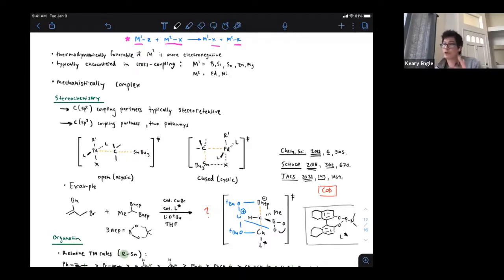And now there are a growing number of metal ligand combinations that enable these to act as cross-coupling partners. Thus, people have been able to interrogate systematically what are the stereochemical outcomes when you go with an enantioenriched sp2 organometallic. Is it stereoinvertive? Is it stereoretentive? It turns out that actually both pathways can be operative.